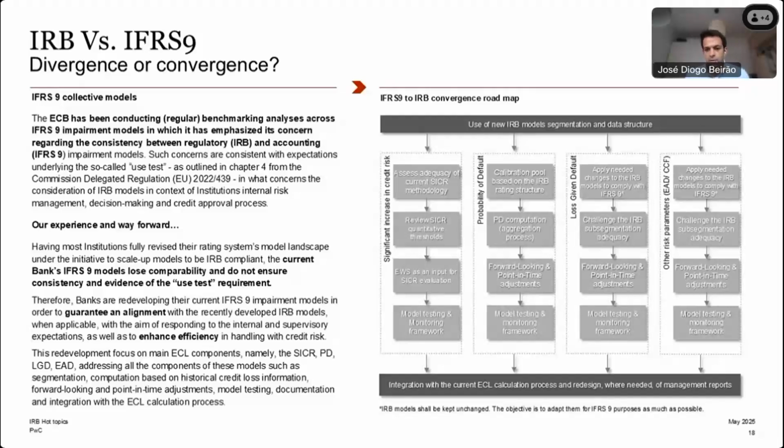Of course, IRB and IFRS 9 models may have some points of contact, but not all is applicable. So banks need to be quite intelligent in the way they bring consistency between the two worlds, and be very strategic in the areas where they maintain some aspects that differ between the two realities.